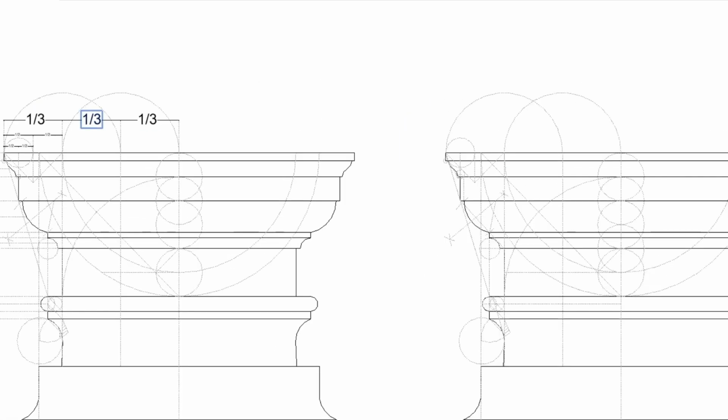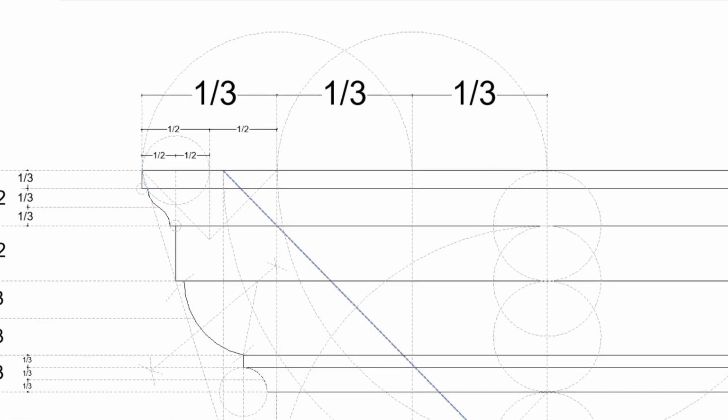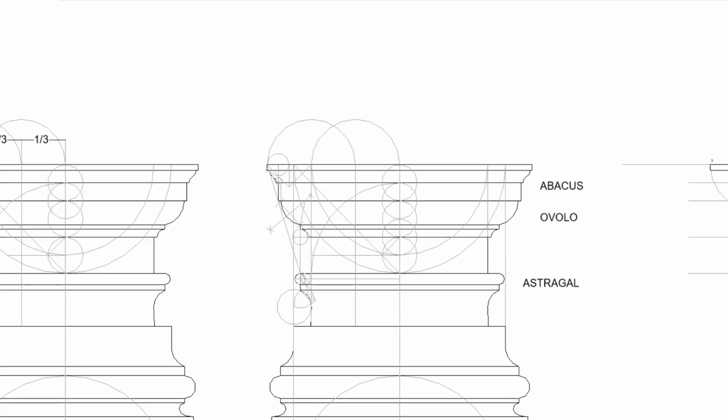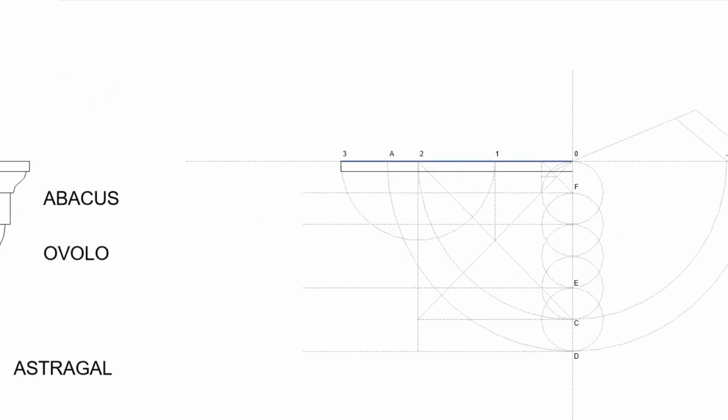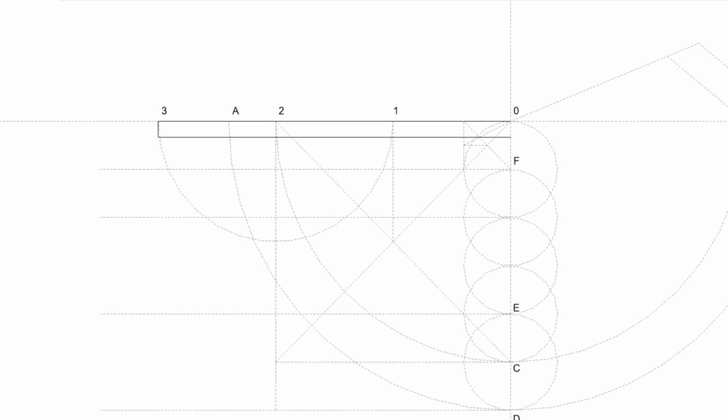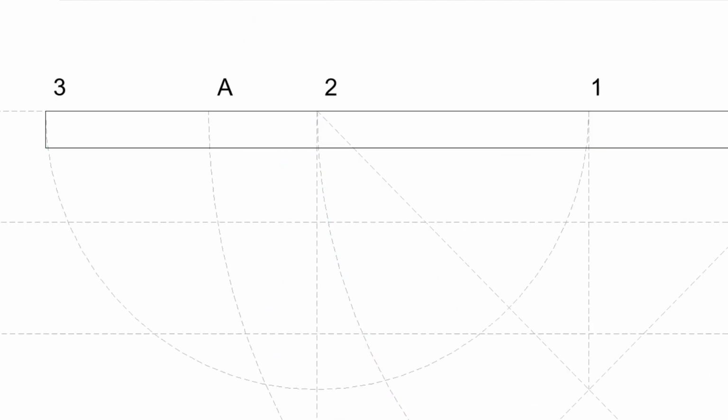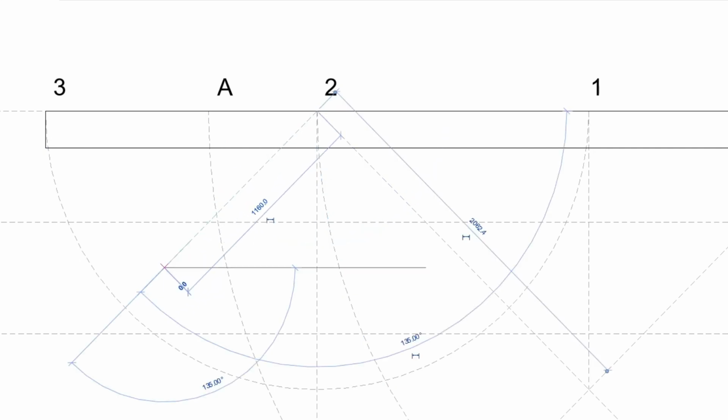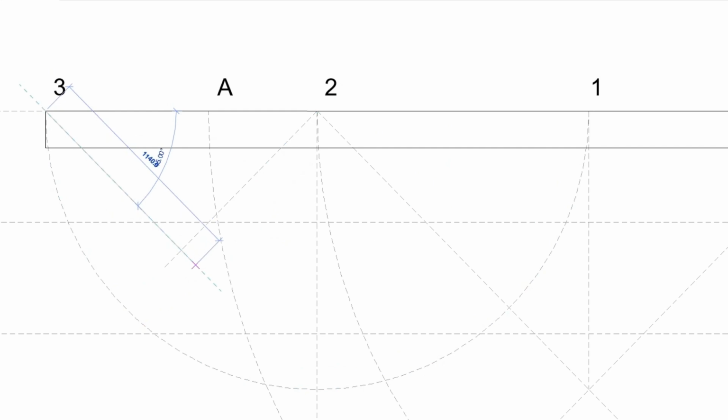Now, you need to divide the distance between point 2 and point 3 in half. So we can get that part in there while we're still working in this area. That's halfway.